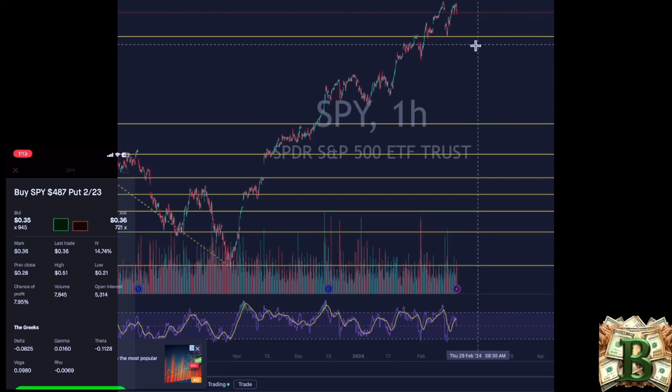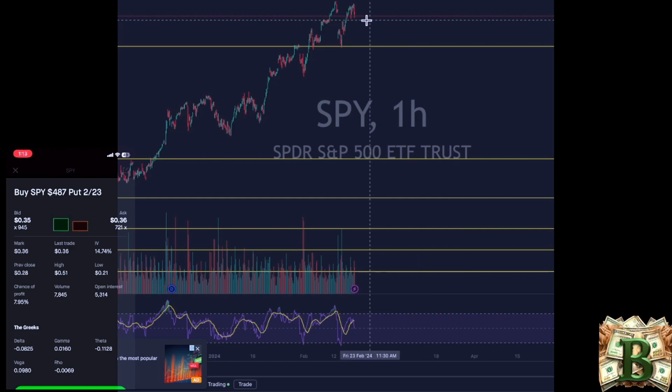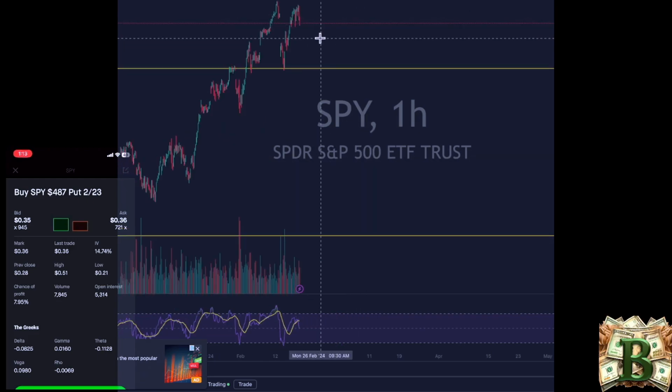I'm sorry, I can't read. But if it starts to fall, which it looks like it's starting to roll over a little bit, it started to look like that earlier in the week, and then it rebounded.